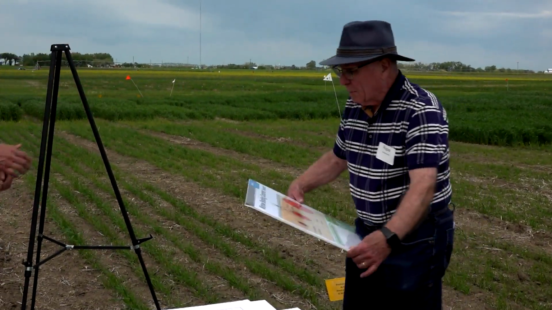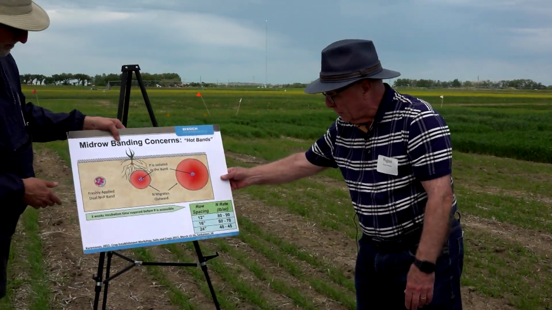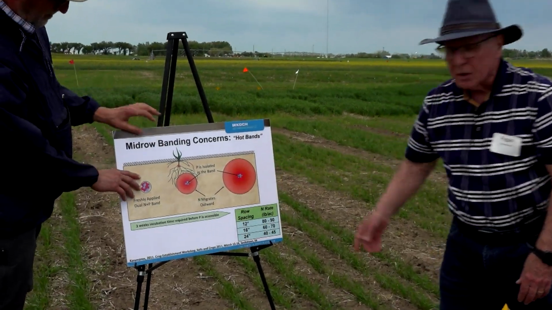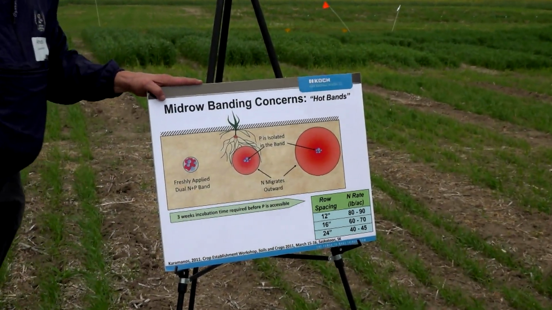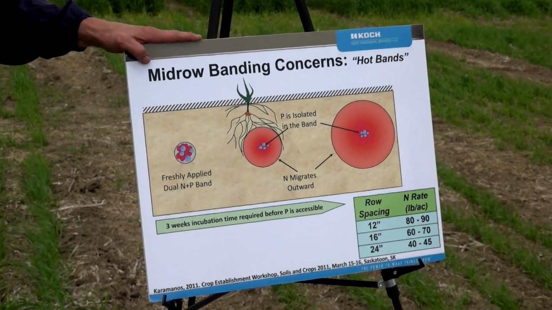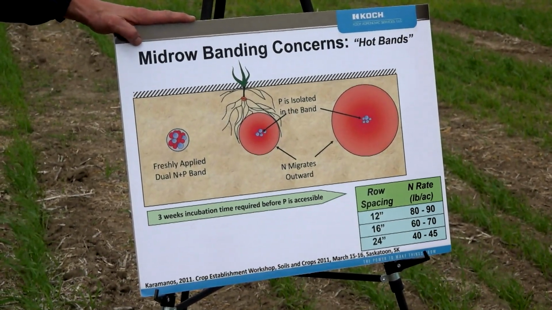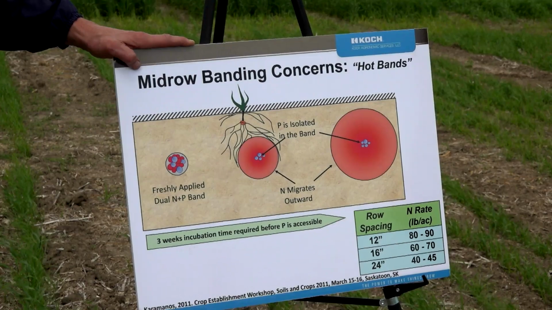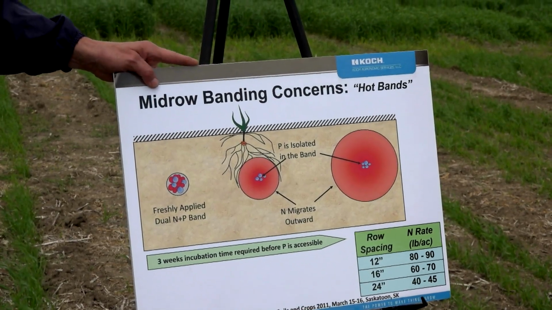So another thing about mid-row banding, and it gets worse with mid-row banding because you have twice as much concentration of products, is the creation of what we call hot bands.